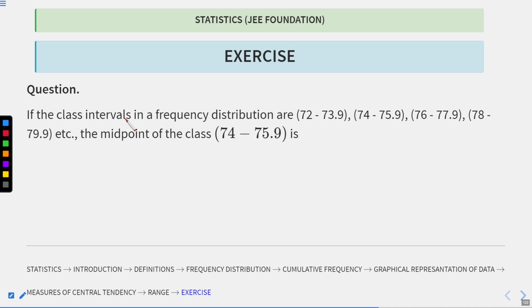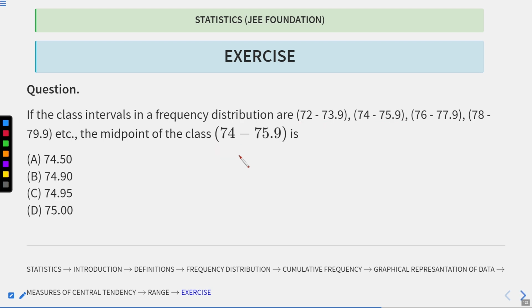Now let's see the next question. These are my frequency distributions of class intervals. The first class interval is given like this, then second, third, fourth, and so on. The question is asking for the midpoint of this class. It is quite easy.